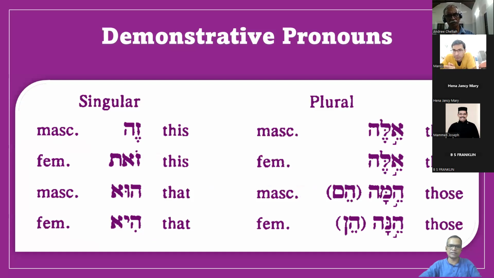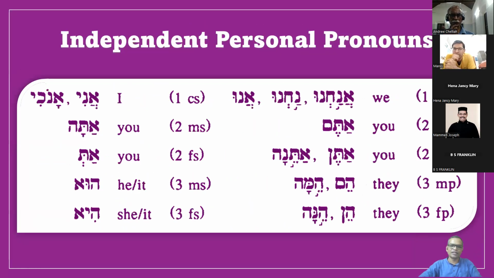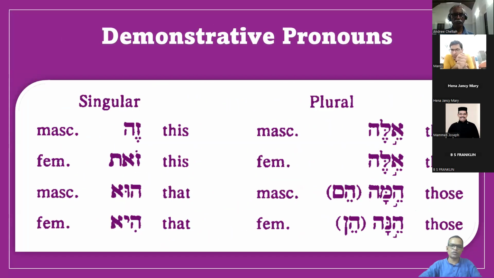This, these. But when it comes to that, okay, those, you can see that we have used these words as the independent personal pronouns. So the third masculine singular, third feminine singular, third masculine plural, third feminine plural, the same forms are used for the demonstrative pronouns.